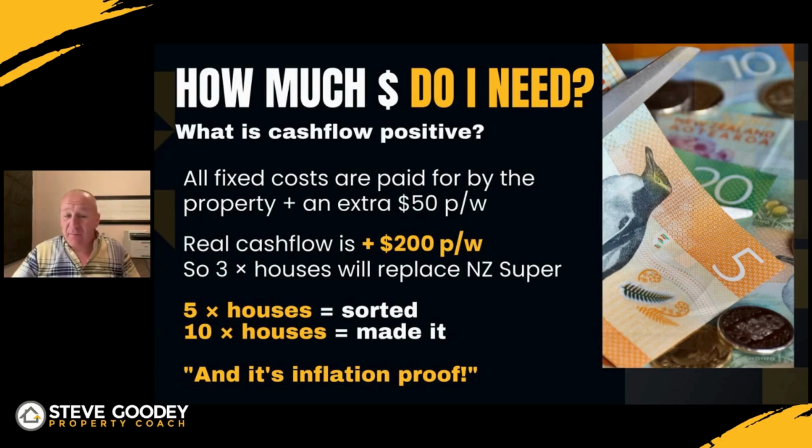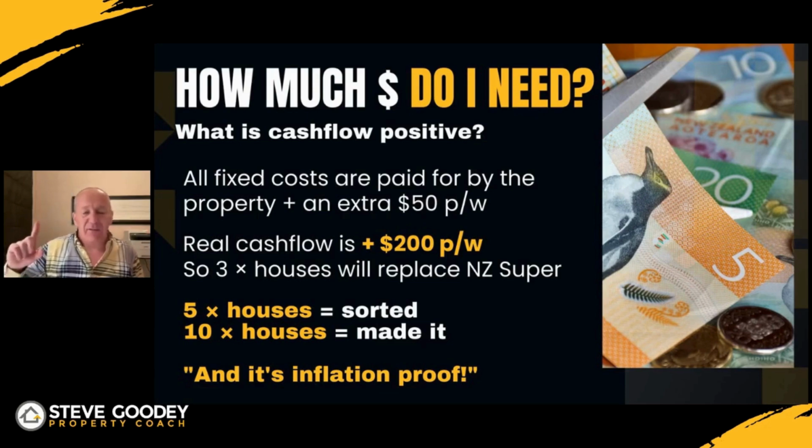So to my mind, the way that I look at cash flow is real cash flow is $200 per week positive. Now, the reason I say that is that with $50 a week or less cash flow positive per property, we know there's a big difference between really expensive properties and really cheap properties, rural properties, et cetera. But if it's less than $50 a week, I'm sorry, but one maintenance issue wipes out your cash flow for a year.